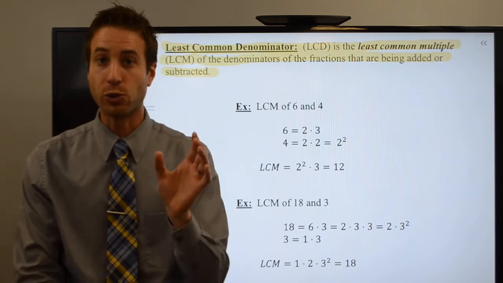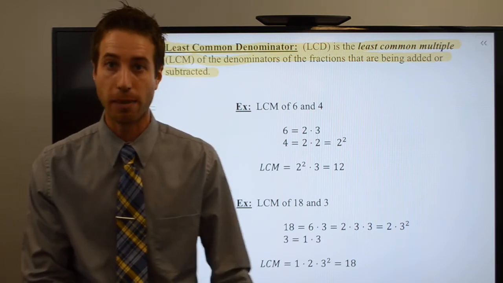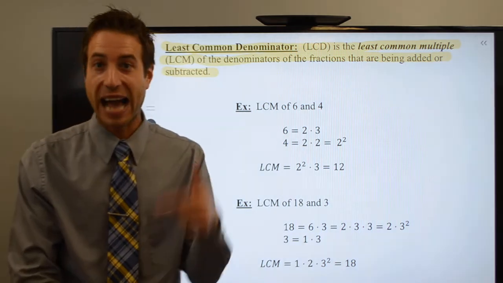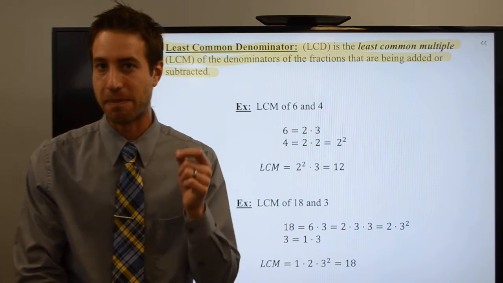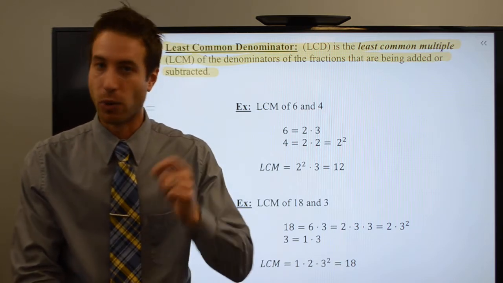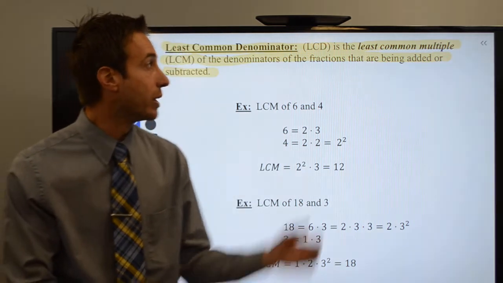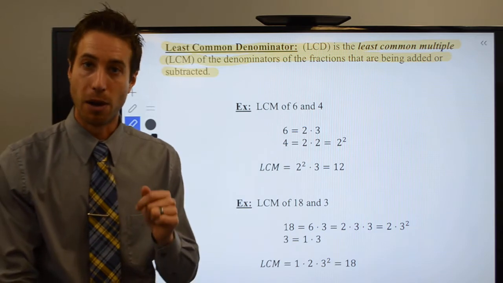But in order to add and subtract fractions, you must have a common denominator. We're going to find that common denominator by finding the LCM and then making our common denominator whatever that LCM is. But to get us started doing that, we need to practice finding those least common multiples.